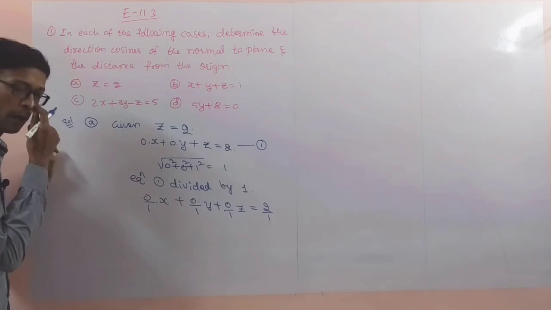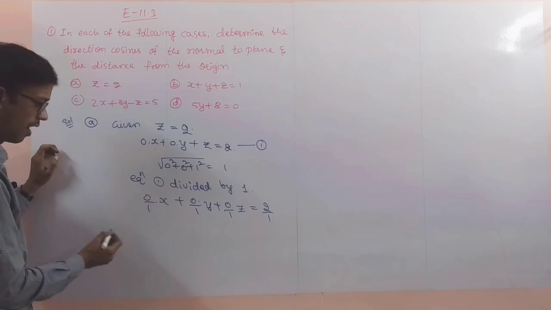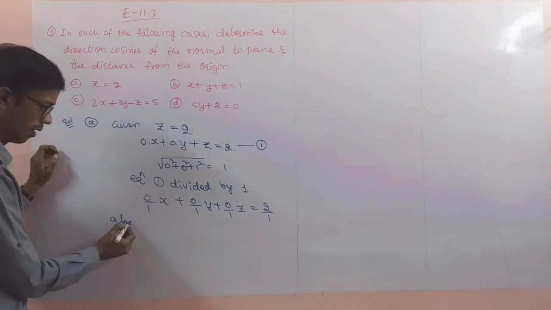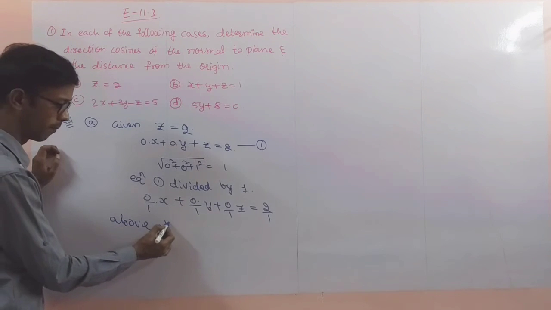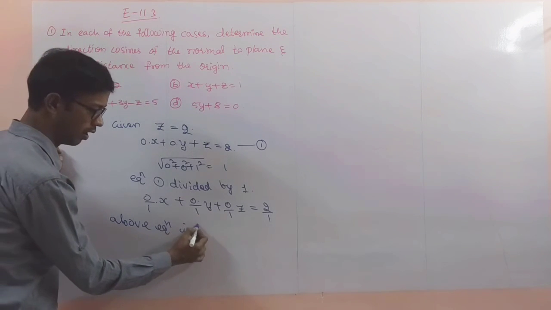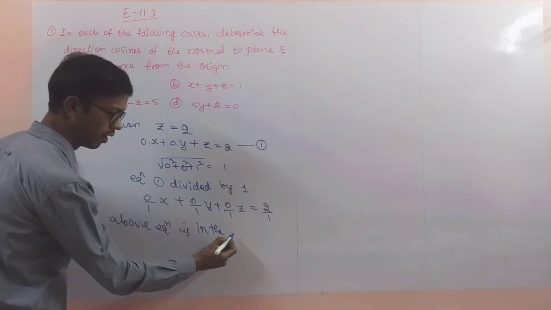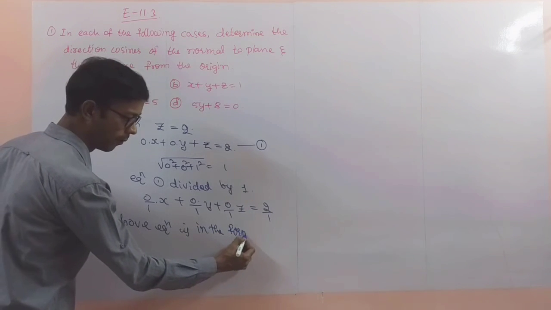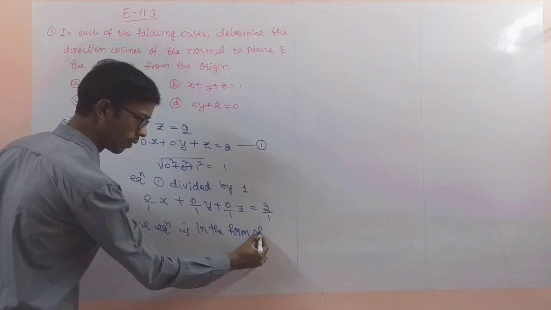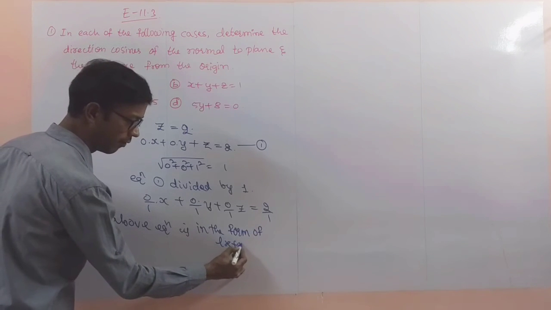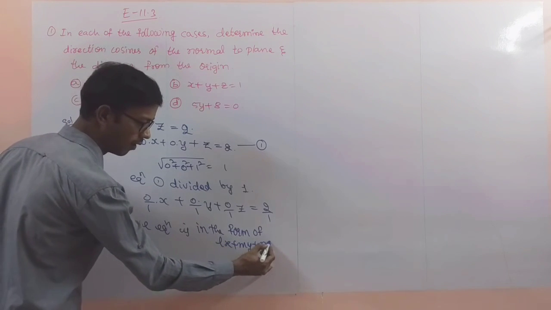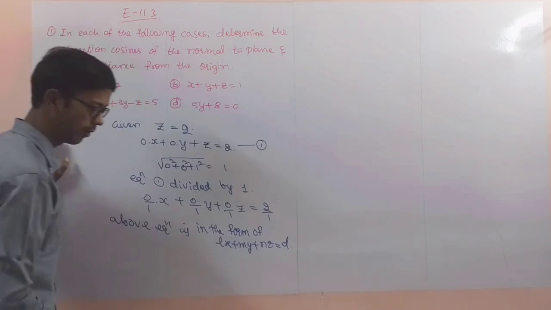Therefore, the above equation is in the form of lx plus my plus nz equal to d.